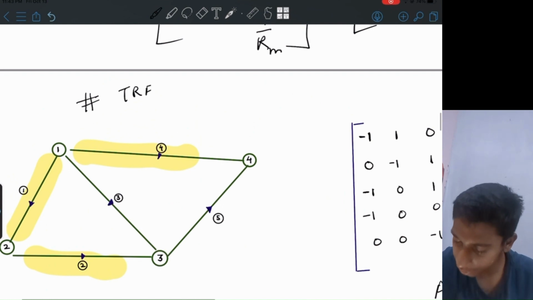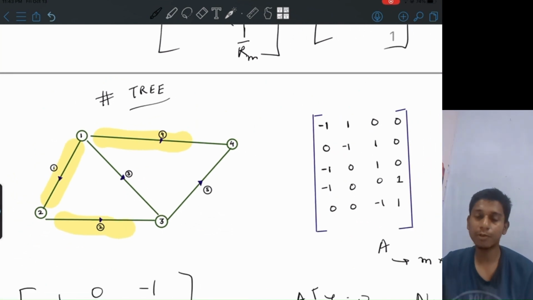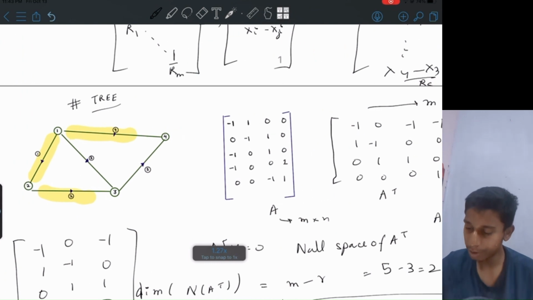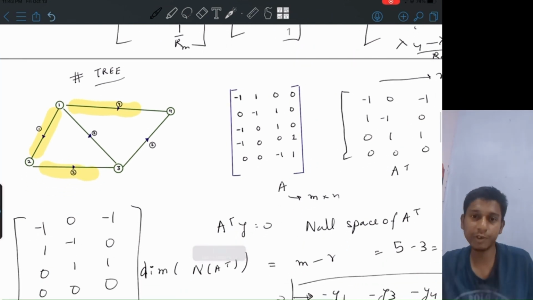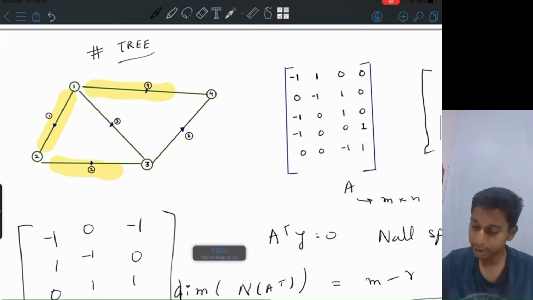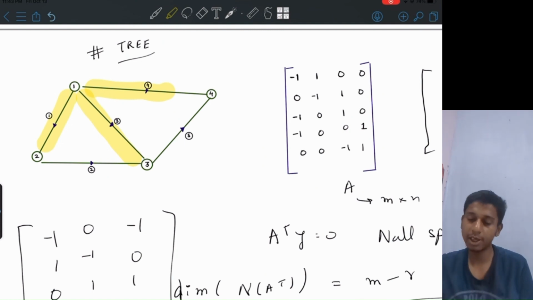What it gives is an important term in graphs. This is known as a tree. A tree is a subgraph of an entire graph in which no cycles are formed. Here also, using those linearly independent columns of A transpose, or the linearly independent rows of A, we form a tree. Similarly, suppose I had not taken the second one but had taken the third, this also forms a tree.